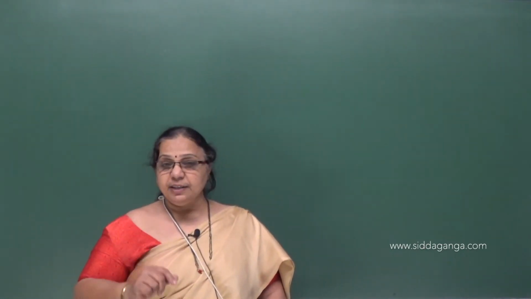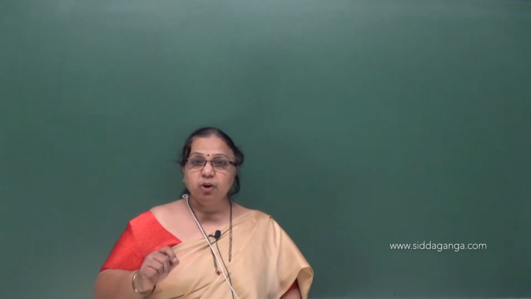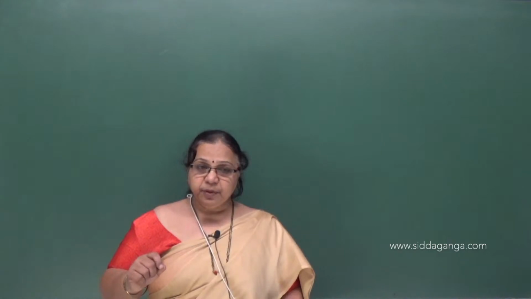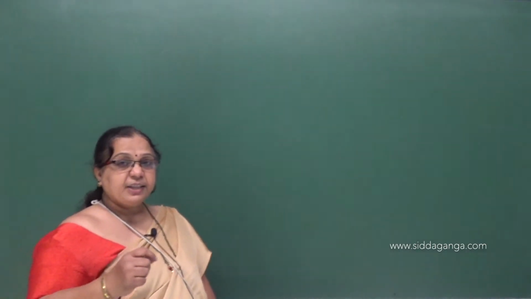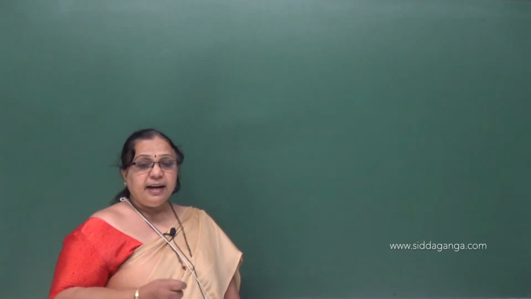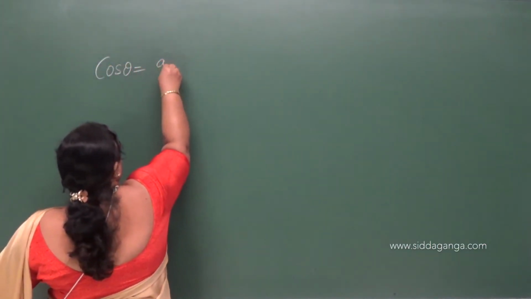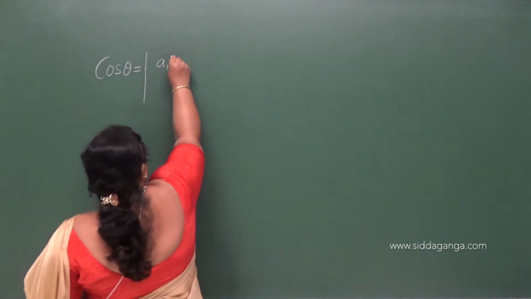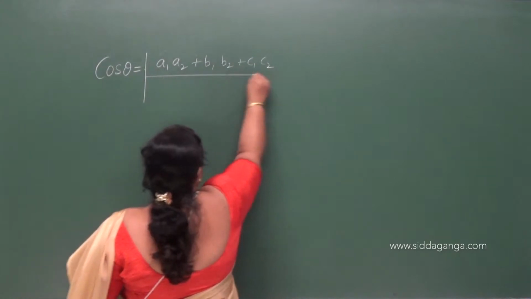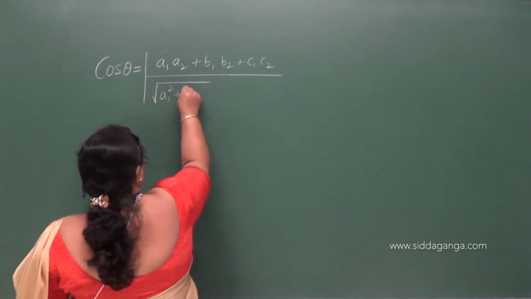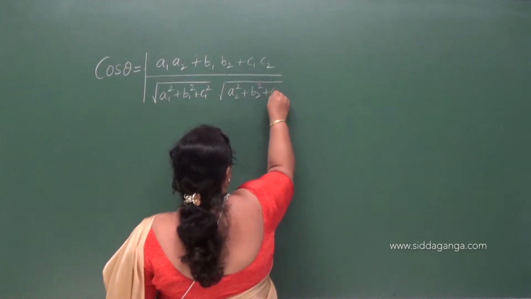So the angle between two vectors is nothing but cos theta equal to A dot B divided by magnitude of vector A into magnitude of vector B. So according to that vector algebra here, the angle between the two lines, if their direction ratios are A1 B1 C1 and A2 B2 C2, then the formula is given by cos theta equal to modulus of, since we want the acute angle, A1 A2 plus B1 B2 plus C1 C2 divided by root of A1 square plus B1 square plus C1 square into root of A2 square plus B2 square plus C2 square.